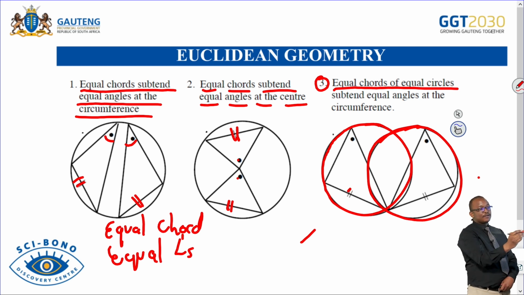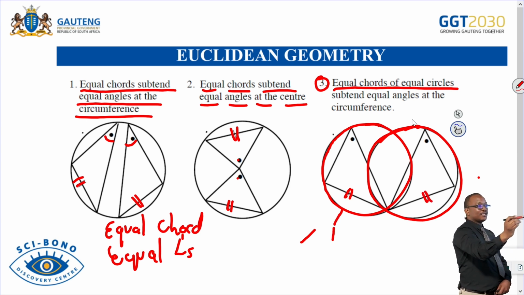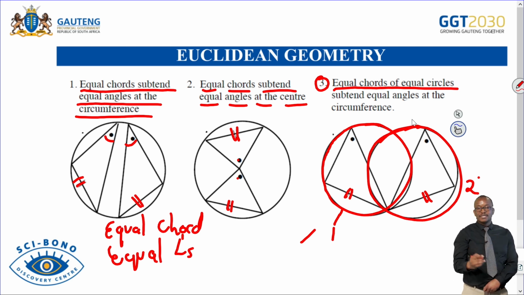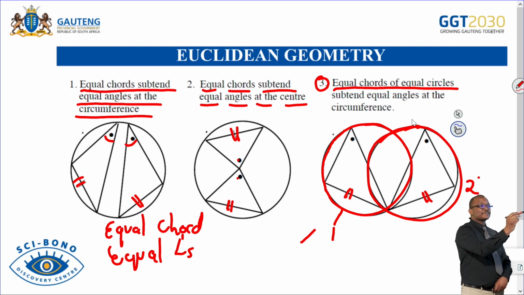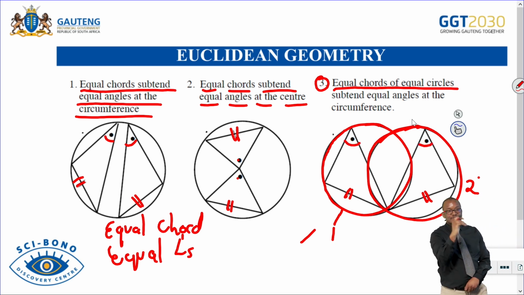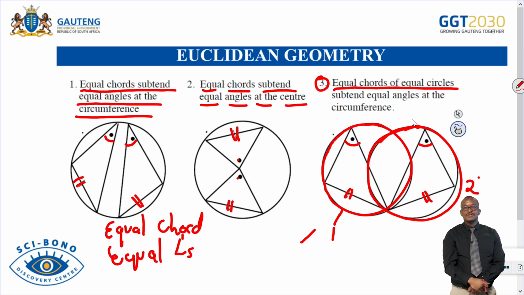So this chord here is on circle 1, and the other chord there is in circle 2. But those chords are equal. Then they will subtend equal angles in those two circles that are the same.